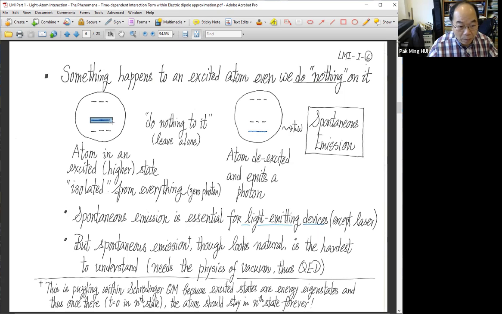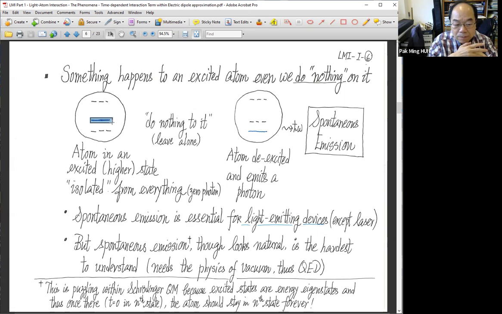And if a system is in its energy eigenstate at time 0, it will stay in that state at time t and so on, because it is an energy eigenstate. Therefore, the fact that the excited atoms will come down to a lower energy state, usually the ground state, by itself is a mystery within Schrödinger quantum mechanics.